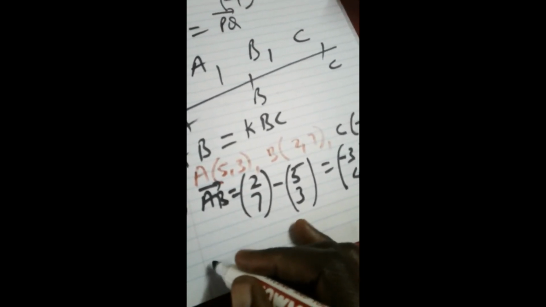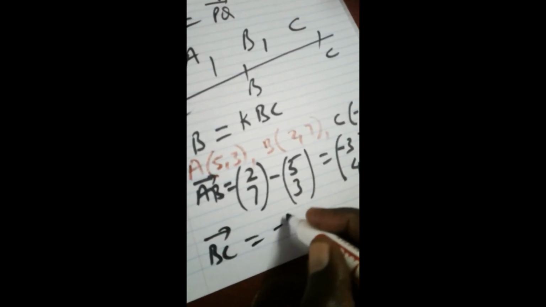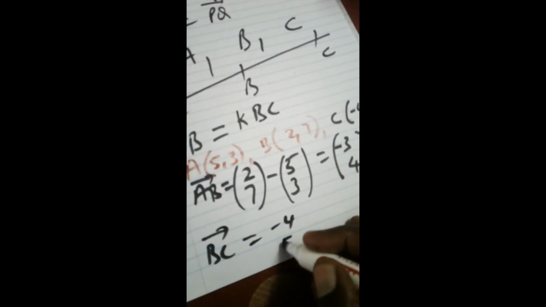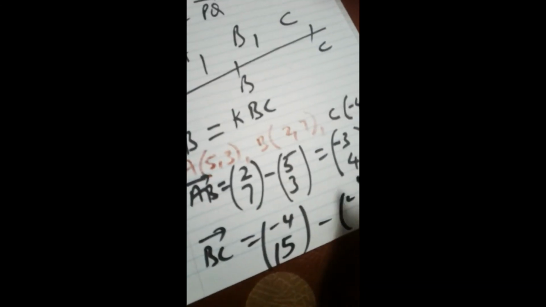Now, BC is C minus B, 2, 7, which is now negative 6, 8.